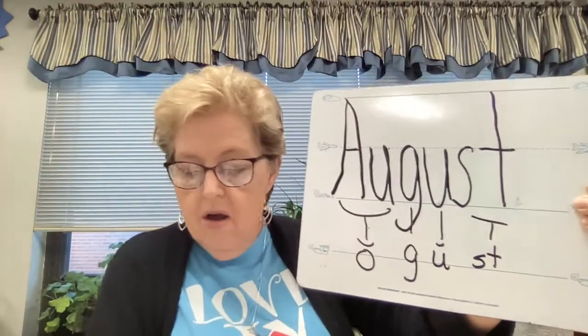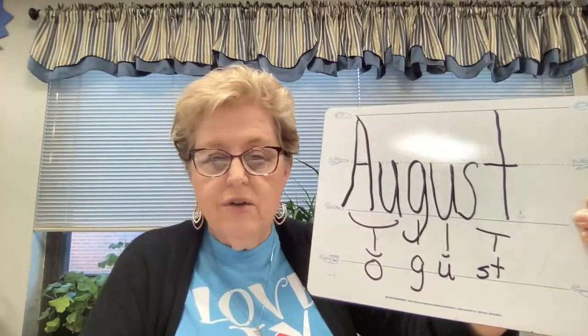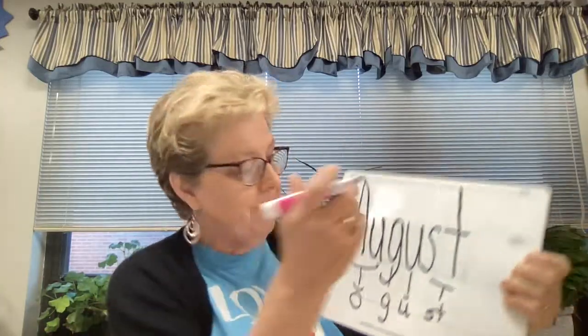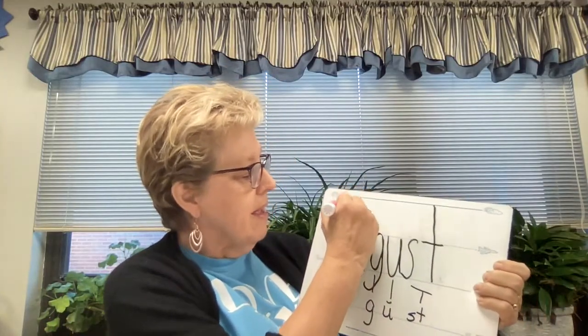August. All right, now let's trace over that word in another color. Capital A, U, G, U, S, T. August.